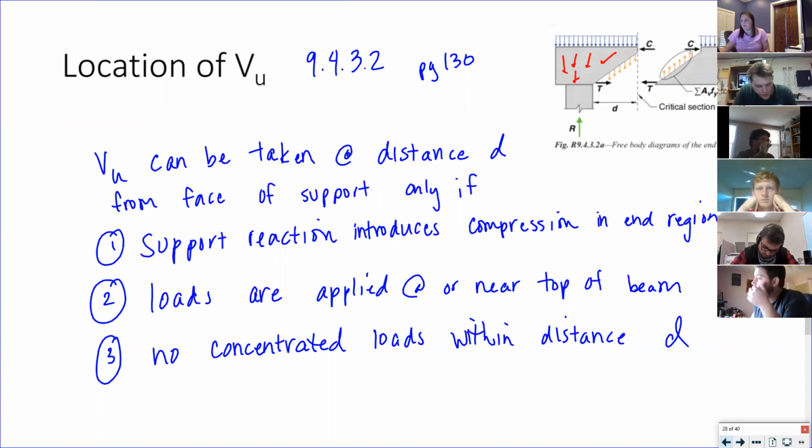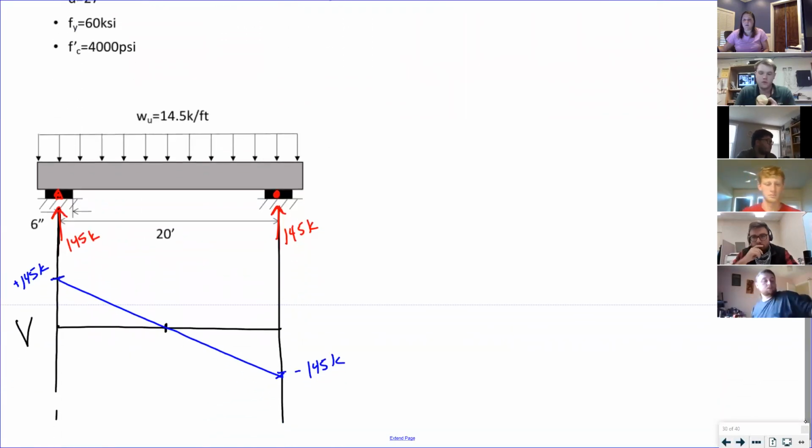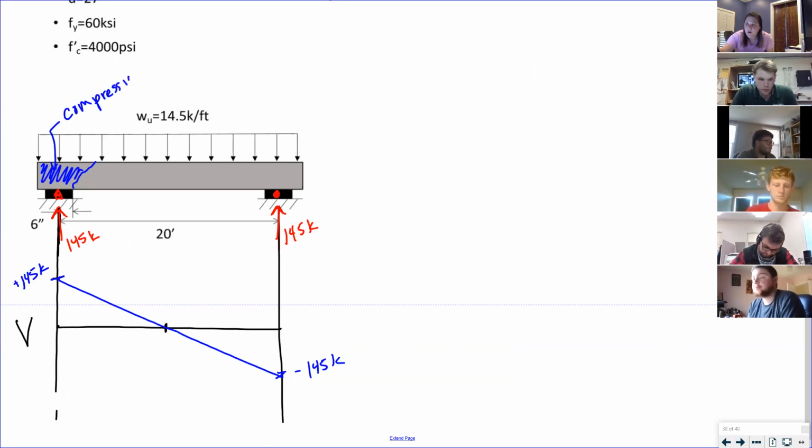Loads are at the top, it's putting compression in the end regions, and there's no concentrated loads. So my beam is being loaded from the top. That means all of this is in compression, and there's no concentrated loads in that distance d.